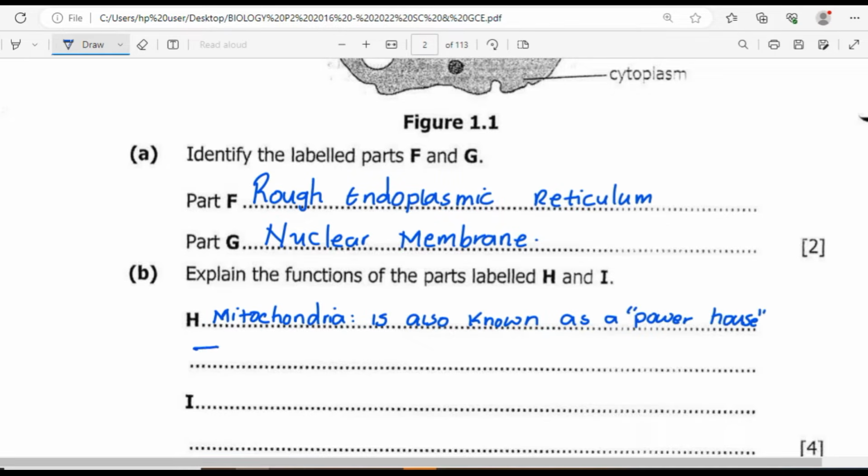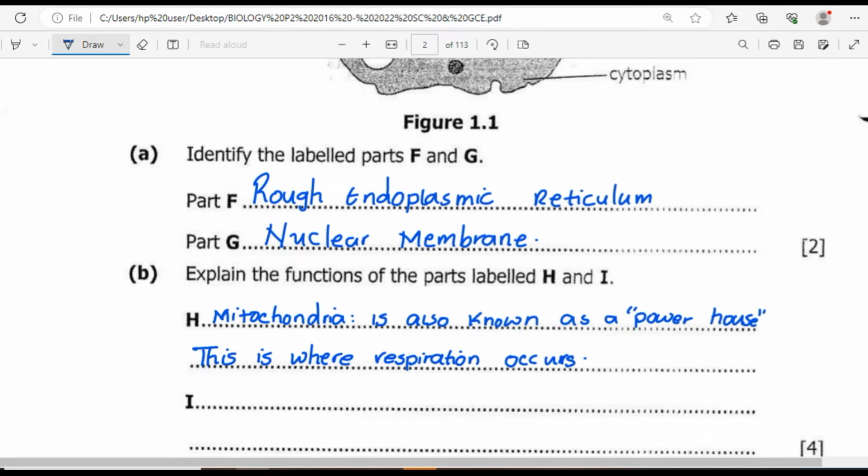Then we'll say this is where respiration occurs.